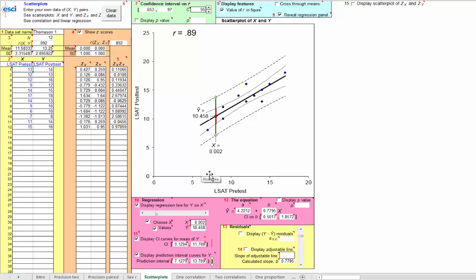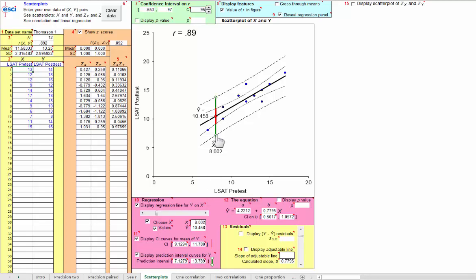So here we're considering making a prediction for an individual student who happens to score 8 on the pretest. And the answer is there's a 95% prediction interval that this individual student's post-test will lie between about 7.1 and 13.8.